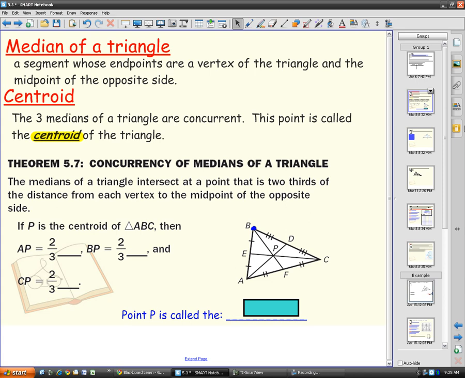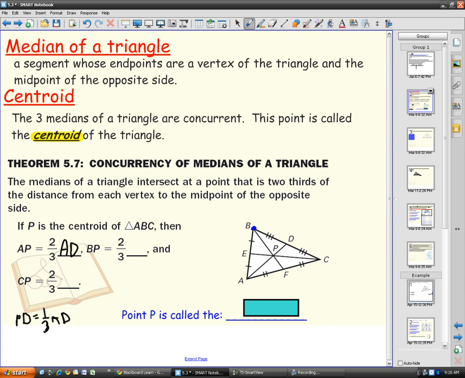There's a special property that goes along with the medians of a triangle and the point of concurrency. The point where the medians intersect is 2/3 the distance along each median. So if I'm talking about the line AP, AP is 2/3 of the line AD, which means PD is 1/3 of AD.